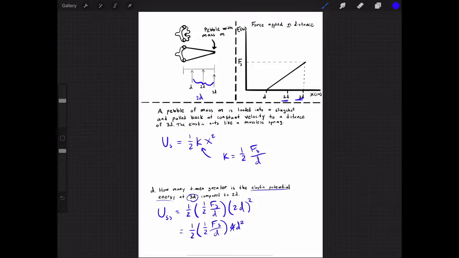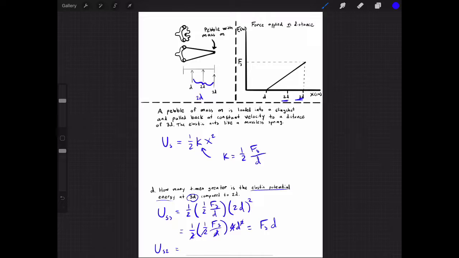This 4 cancels out with these 1/2s, and one of these D's cancels out with this D, and we're left with, this is equal to F3 times D. Pretty easy.